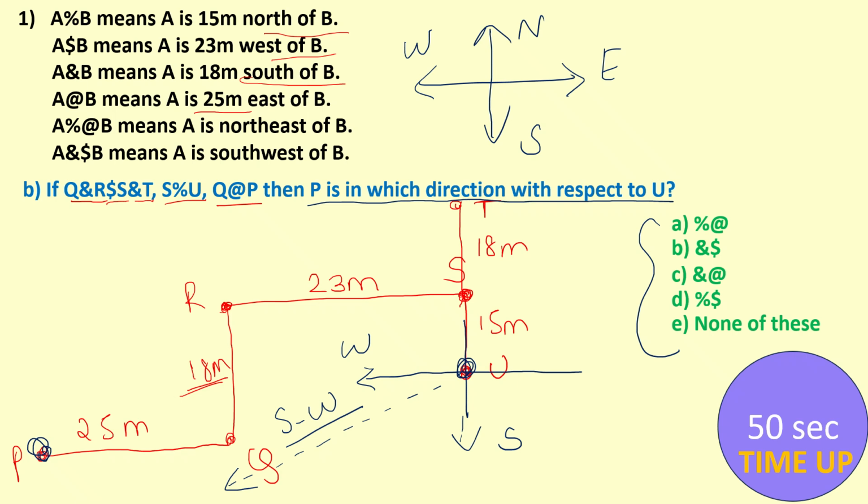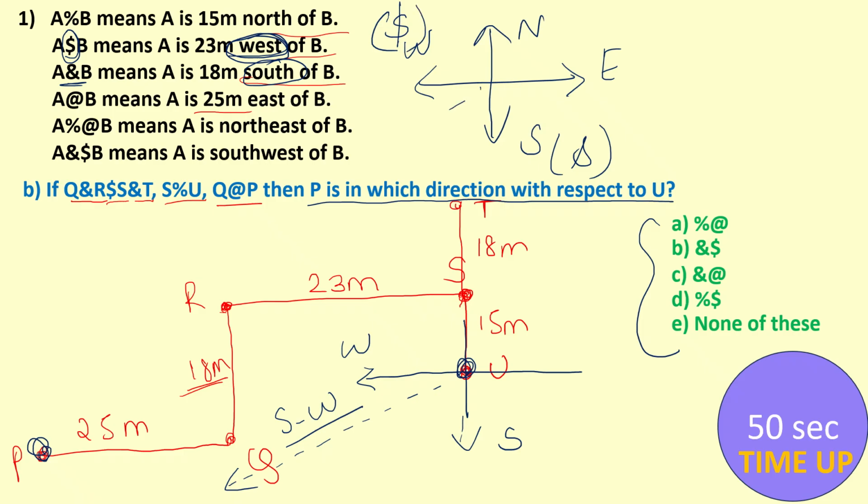South indicates which symbol? Here 'and' will come. And for west, which symbol is there? West direction is here, and it is dollar symbol. So for west it is dollar, correct?